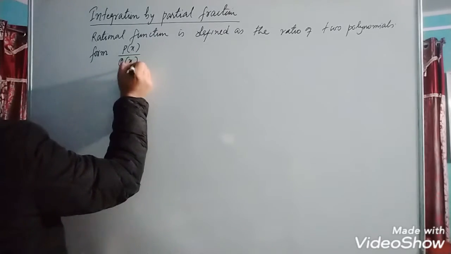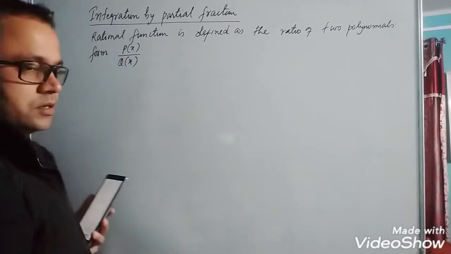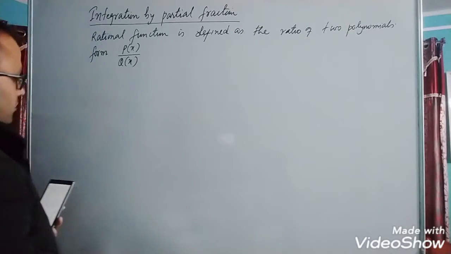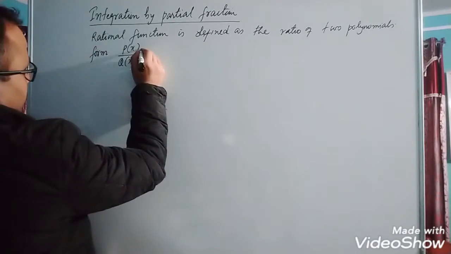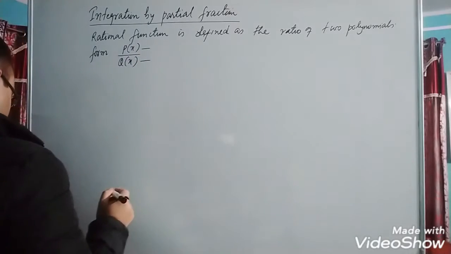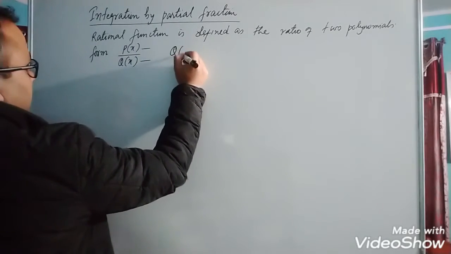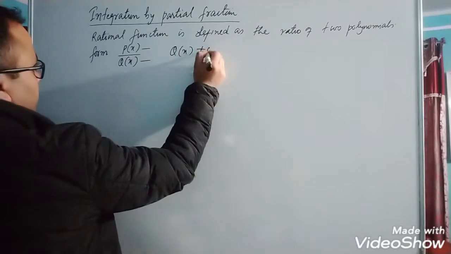So px is one polynomial function and qx is another polynomial function. The numerator is a polynomial and the denominator is also a polynomial. Here qx is not equal to 0.